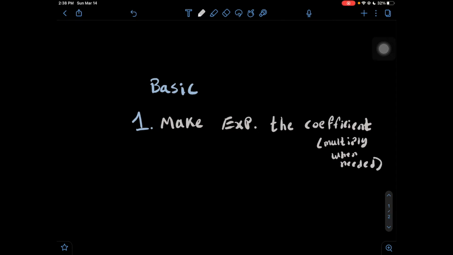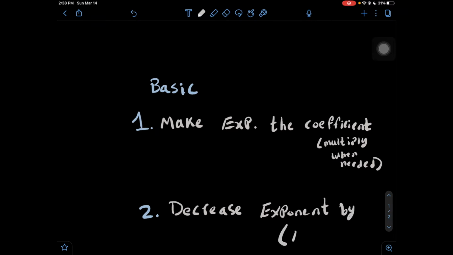Okay, now our second step is to decrease our exponent after we completed step 1. So decrease exponent by 1. So you're just subtracting your exponent minus 1.